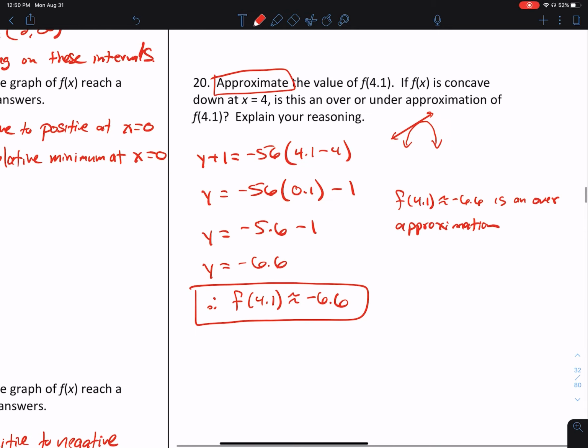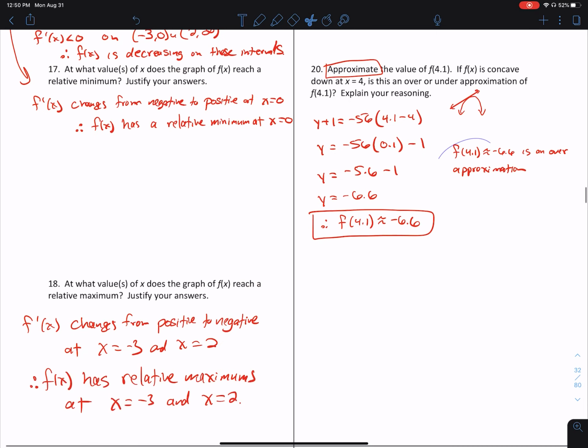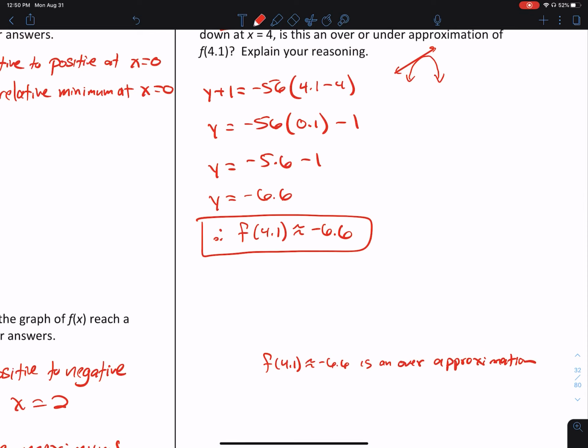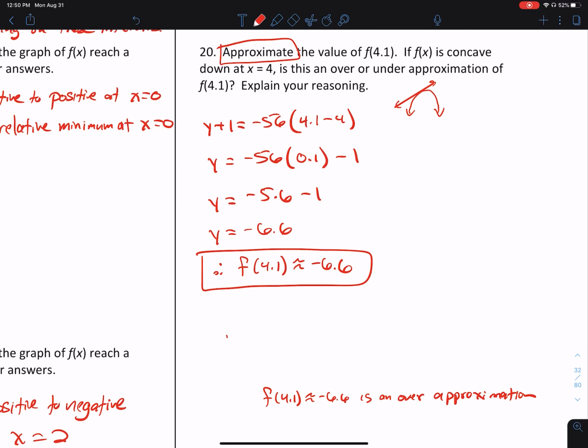Tell you what, that's not wrong, but let me write this in the same way that I wrote the last time. The way I wrote it last time is that we wrote f of x is concave down at x equals 4.